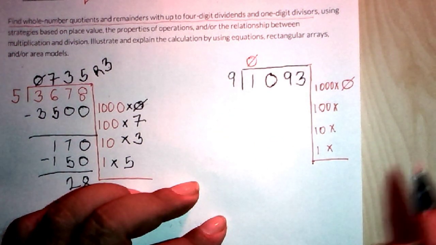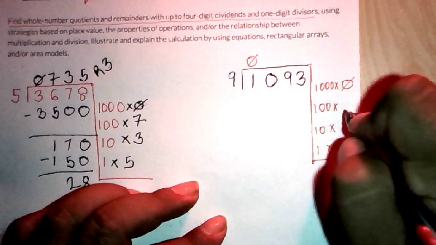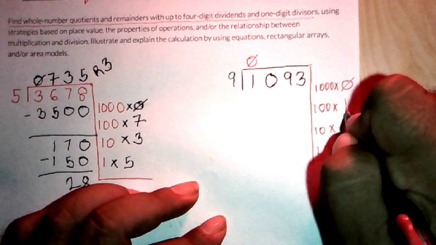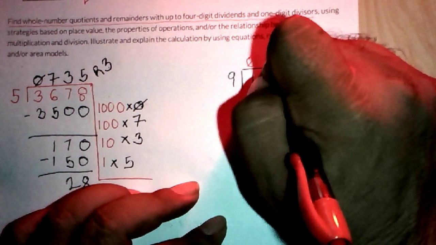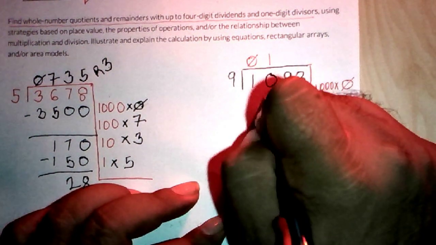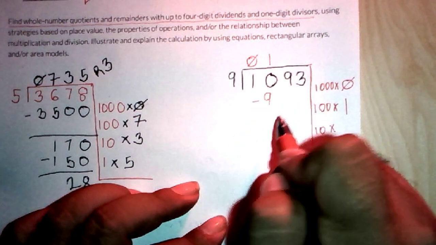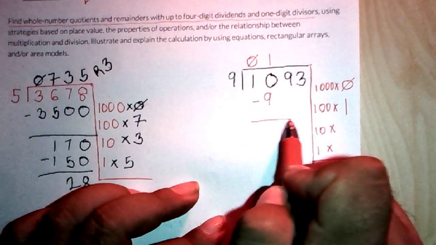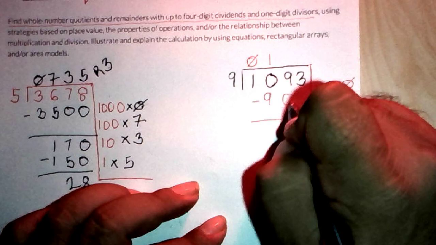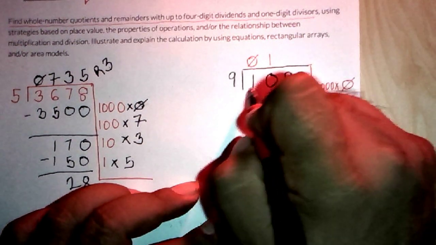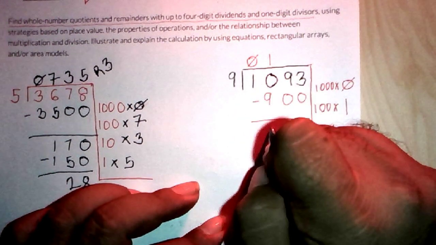Nine times 100. So this would be only 1, because 100 times 9 is 900. And 10 minus 9 is 1.